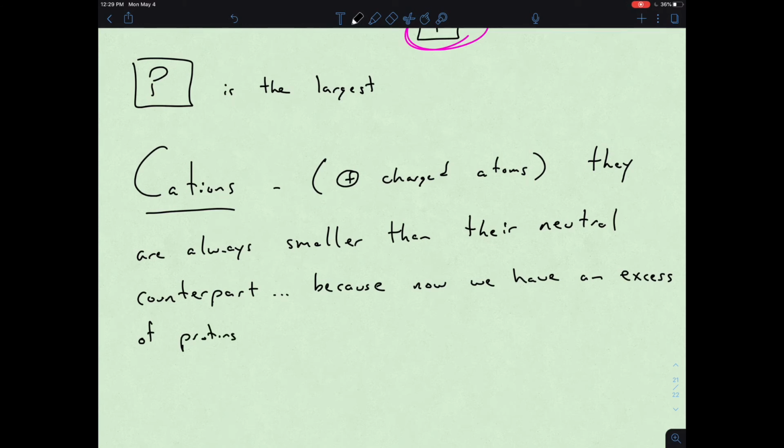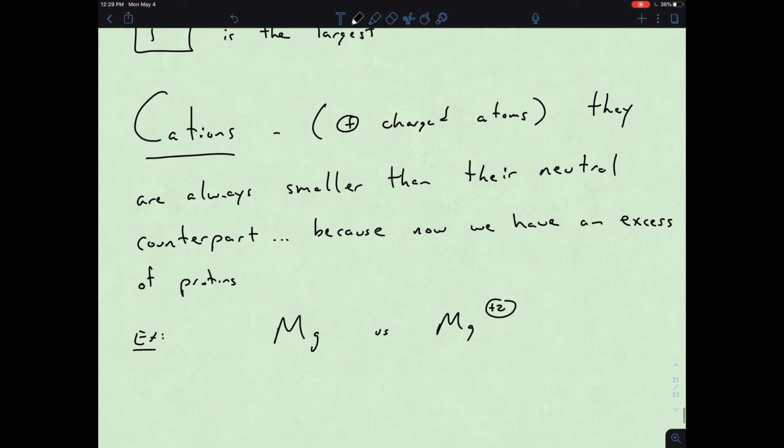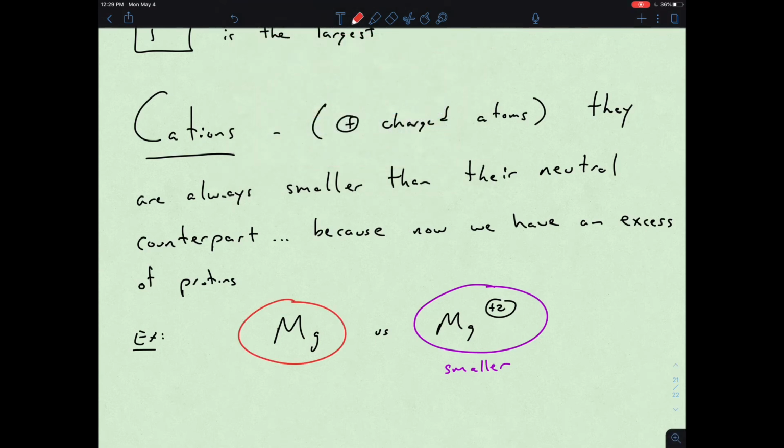So if we're comparing an example of magnesium versus a magnesium +2, right? My cation is always going to be smaller. My neutral is always going to be bigger in terms of that regard.